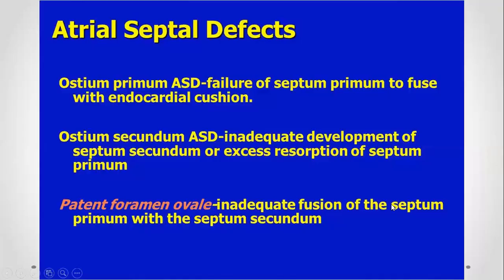Then it leads to the patent foramen ovale, or the hole in the heart, where the foramen ovale, which is supposed to close, remains patent. Inadequate fusion of the septum primum with the septum secundum.